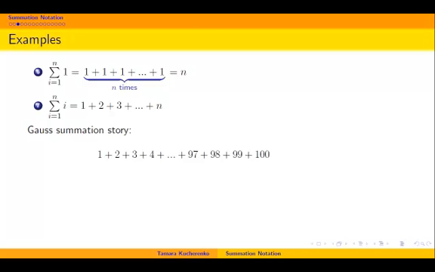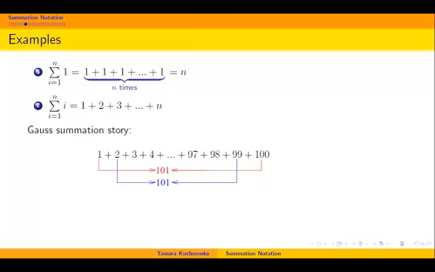Instead of adding numbers in sequence, he first added 1 and 100 and got 101. Then he added 2 and 99 and again got 101.